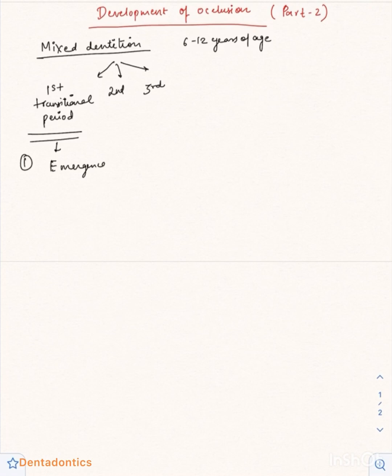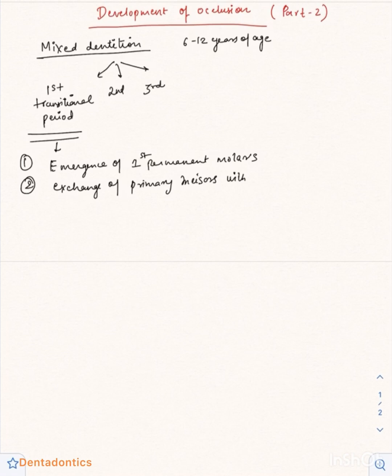First transitional period is the period where there is emergence of permanent first molar and exchange of primary incisors with the permanent incisors. It mainly occurs around 6.5 to 8.5 years of age.